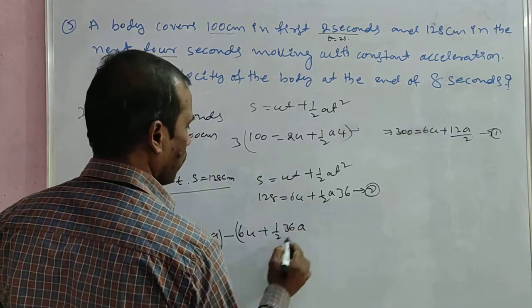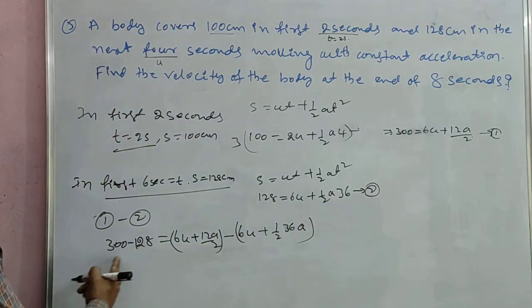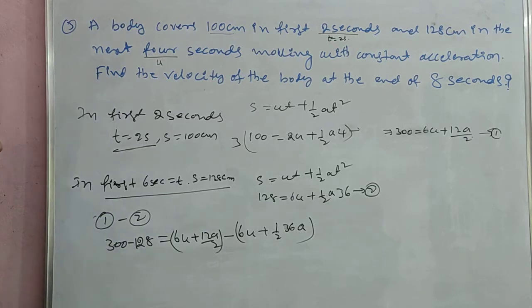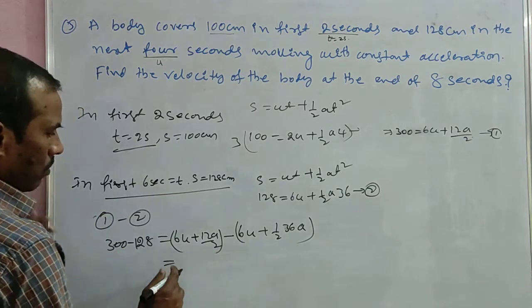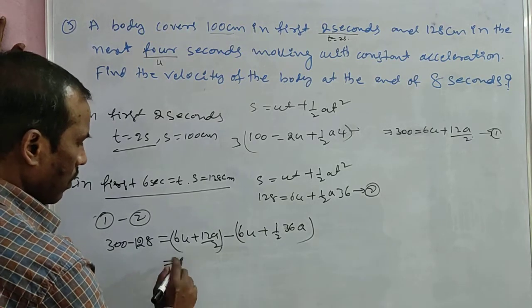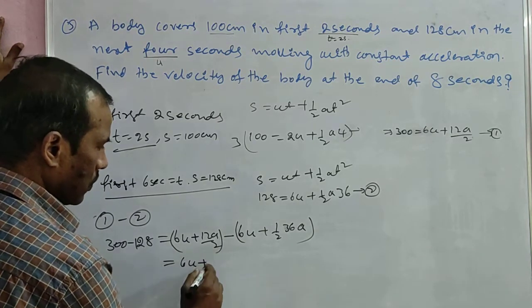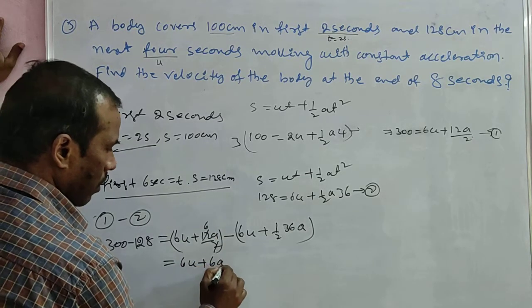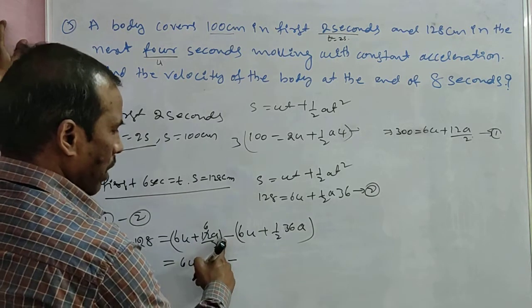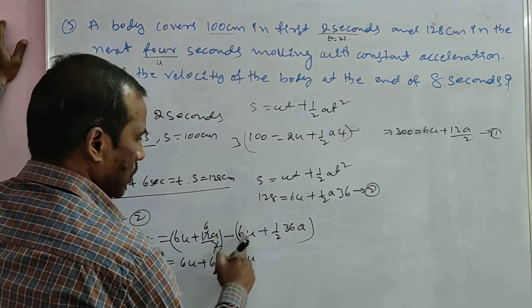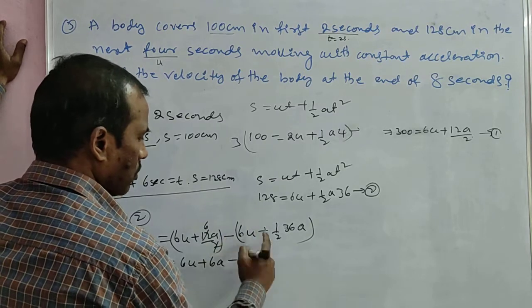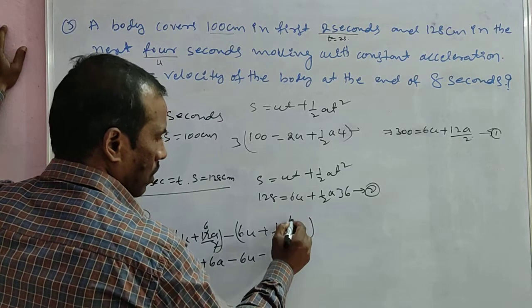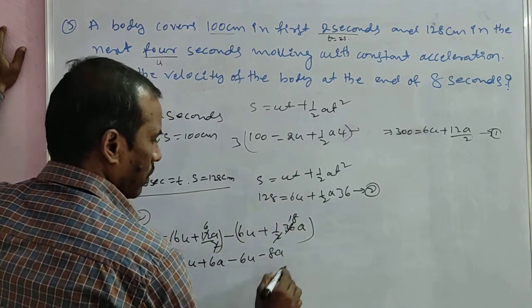Now in the remaining terms, 300 minus 128. Simplifying: 6u minus 6u, and 6a minus 18a.